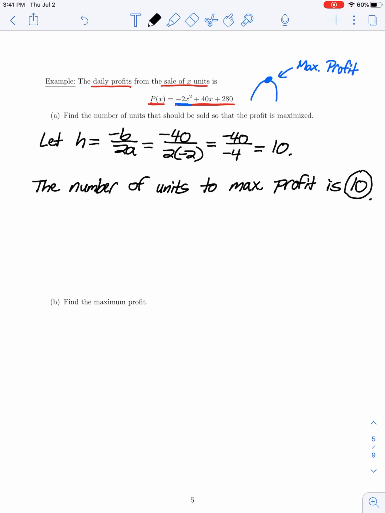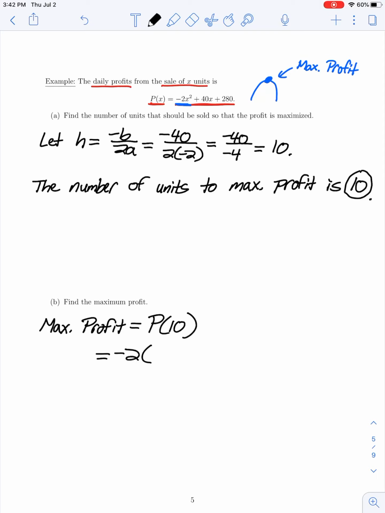And then in part B, we're asked, what is the maximum profit? So we know if we sell 10 units, the profit is maximized. To find the maximum profit, we would take 10, which yields the maximum profit, and substitute that value for x into our profit function. So let's see what we have.